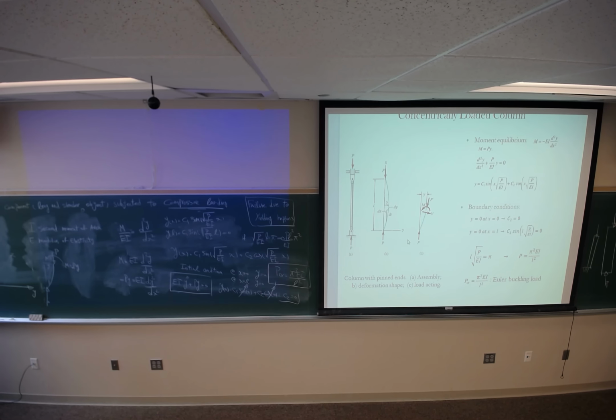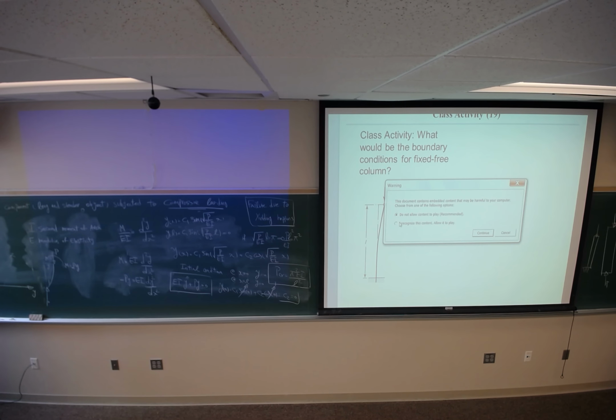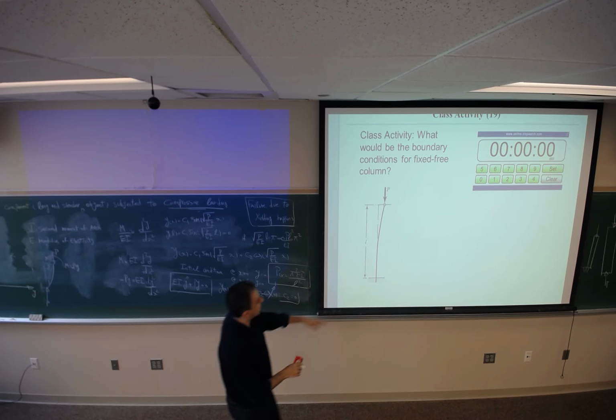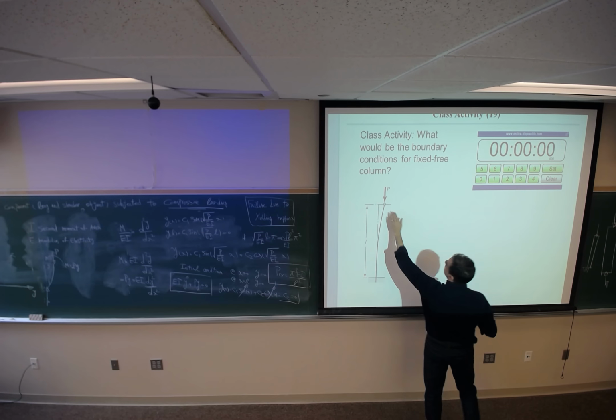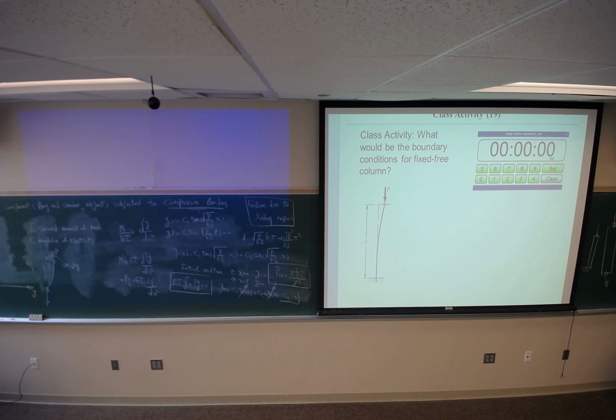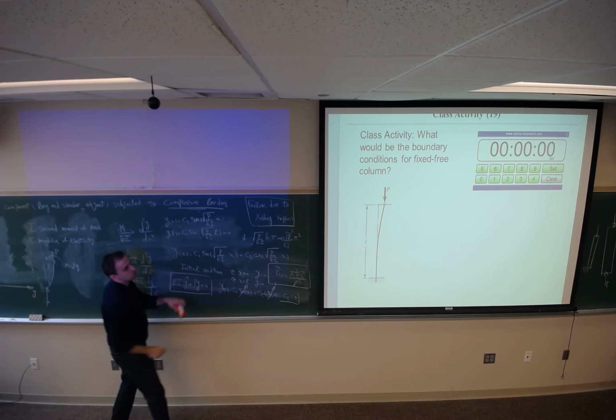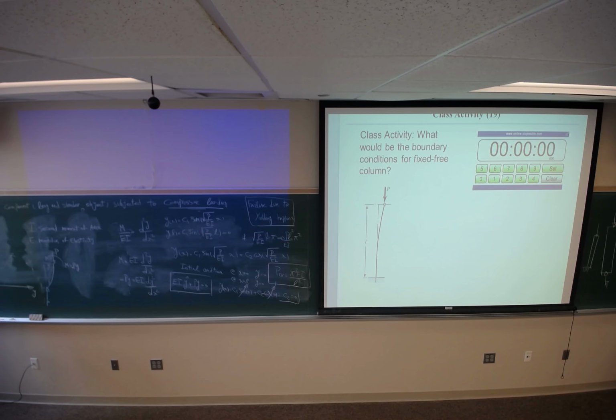So if I have one end fixed, one end free, what would be the boundary conditions for this column? We need two because we have two coefficients. So think about two boundary conditions if I change this column to fixed-free.